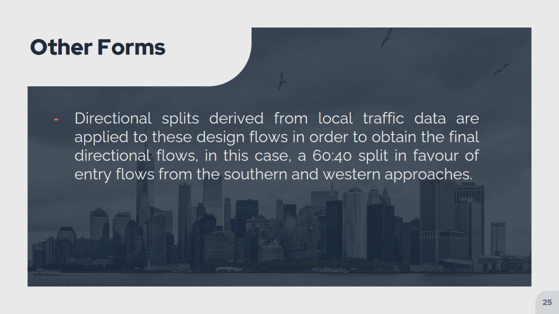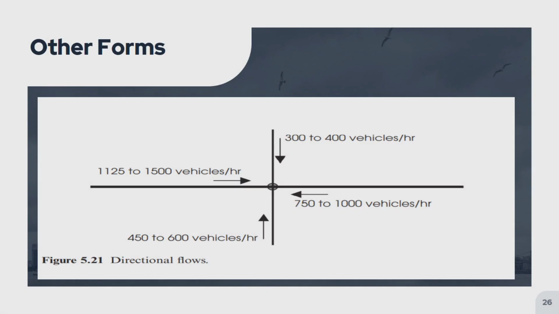Directional splits derived from local traffic data are applied to these design flows in order to obtain the final directional flows. In this case, a 60-40 split in favor of entry flows from the southern and western approaches. So the 60-40 ratio was applied in the minor and major lanes.